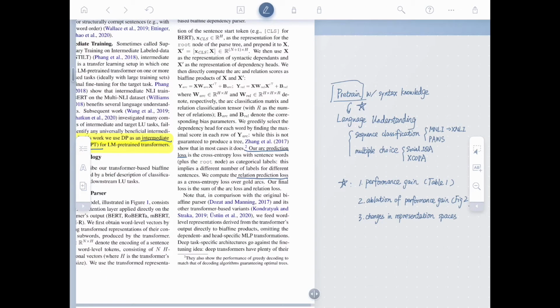In comparison with the original biaffine parser and other transformer-based variants, this paper feeds word-level representations derived from the transformer's output directly to the biaffine products, omitting the dependent- and head-specific MLP (multilayer perceptron) transformations. These are actually byte pair encodings instead of word embeddings.